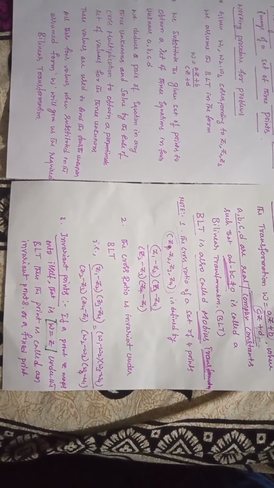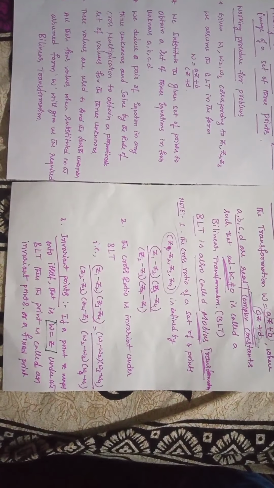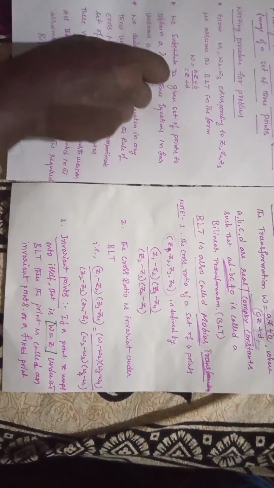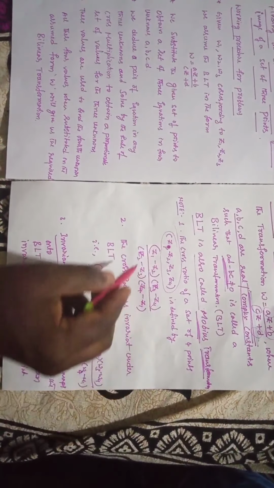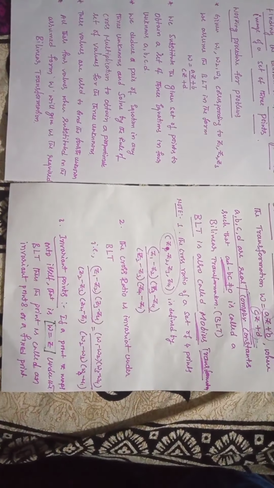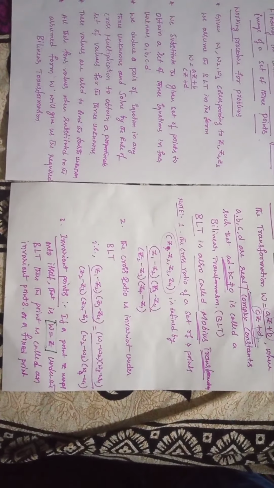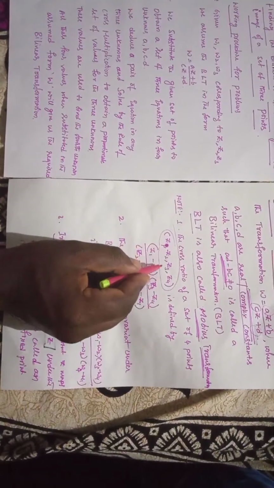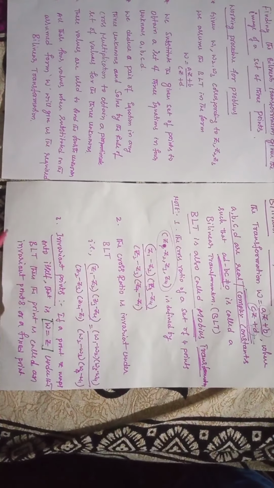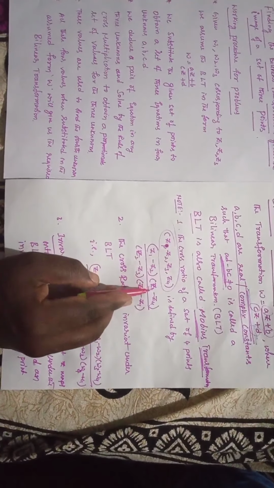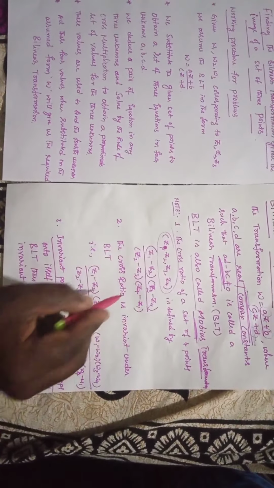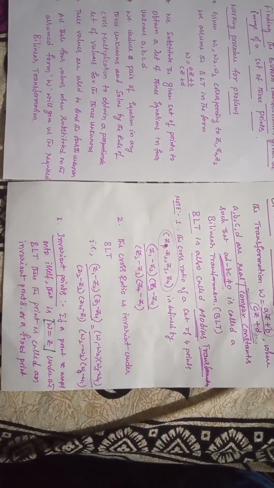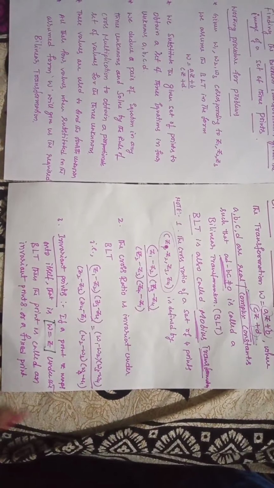The cross ratio of a set of 4 points does not depend on the symbol. It may be p1, p2, p3, p4, or z1, z2, z3, z4: (z1 minus z2) into (z3 minus z4) divided by (z2 minus z3) into (z4 minus z1). This is our cross ratio.